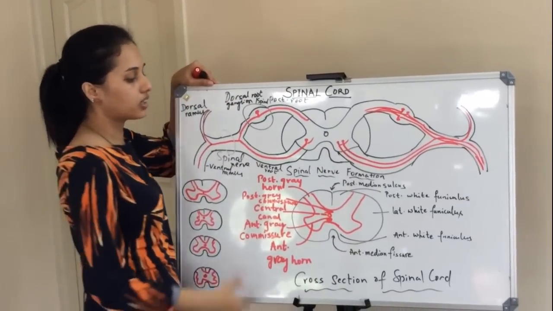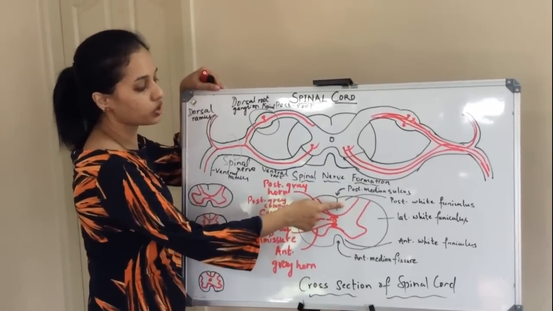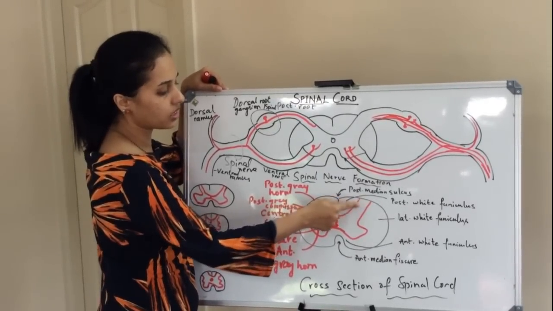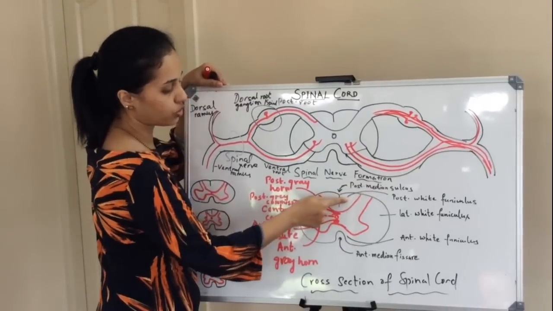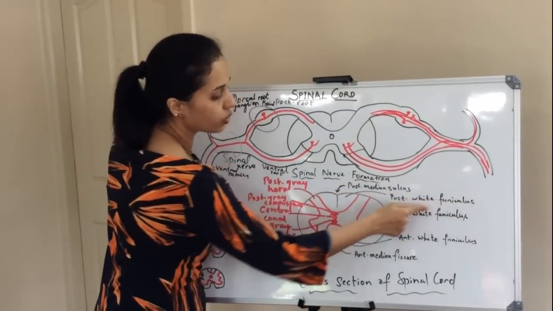Again, in the white matter there are three parts. The one lying posteriorly, in between the median sulcus and the arising of the posterior root, is called the posterior white funiculus.